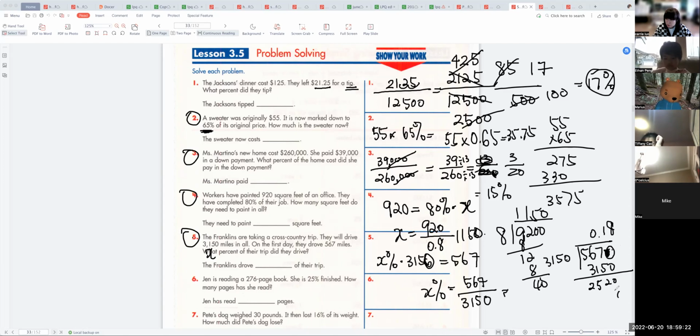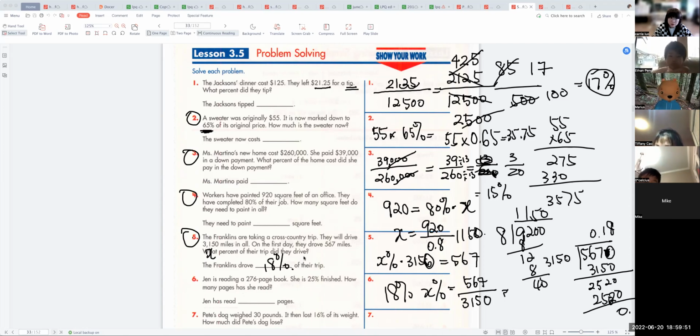Sorry, I made a mistake here. So 567 divided by 3150 equals 0.18. So it's 18% of their trip.